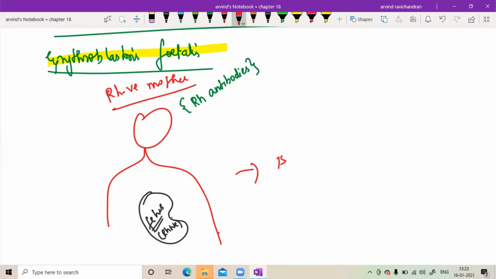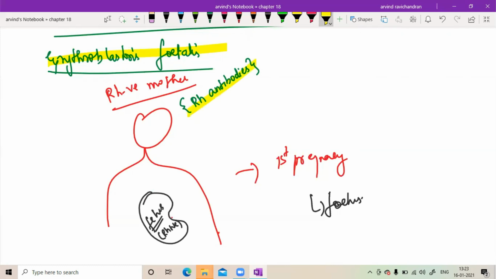So during the first pregnancy, the fetus is going to be normal. Why will the fetus be normal? Because the mother and the fetus are well separated by the placenta. So as I said, unless the mother gets activated by the Rh antigen, these antibodies have no role. Please take this point clearly.